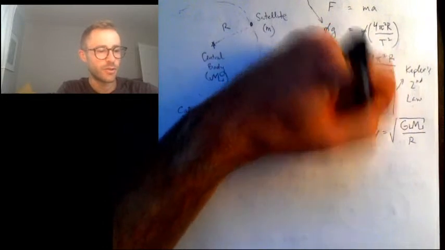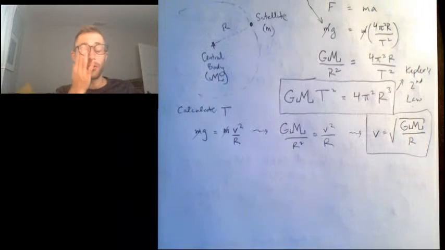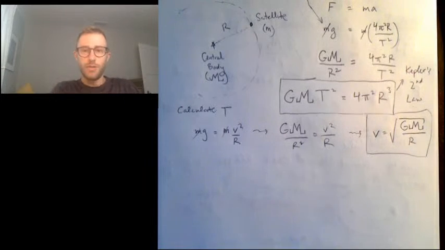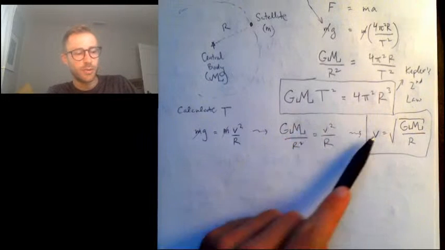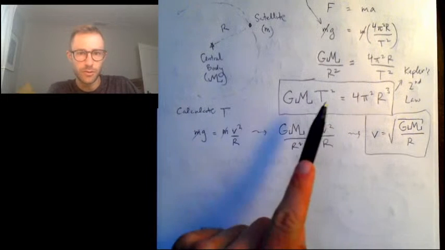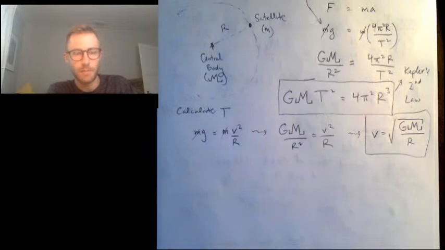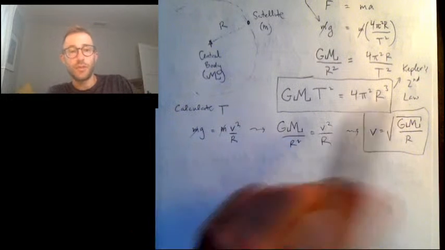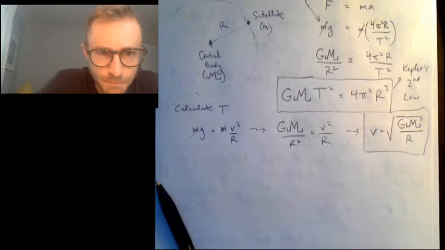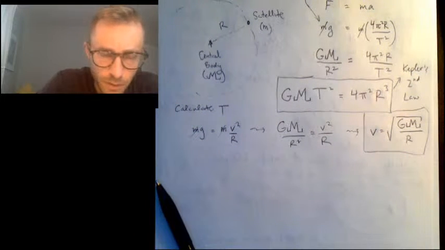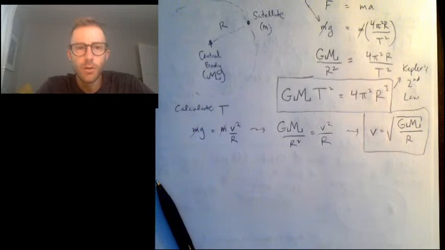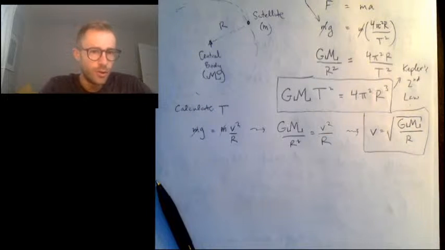So these are kind of our two equations for today. You should be able to calculate the speed of an orbit, and you should be able to use Kepler's second law. Now, Kepler's second law is extremely versatile.